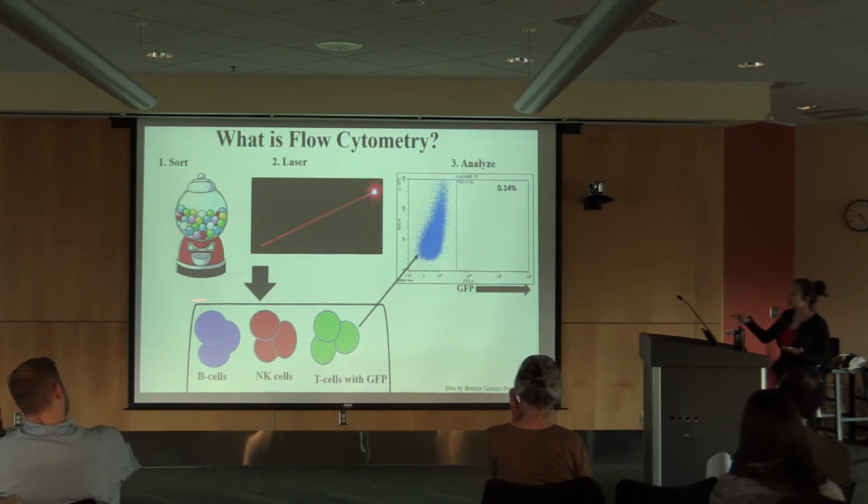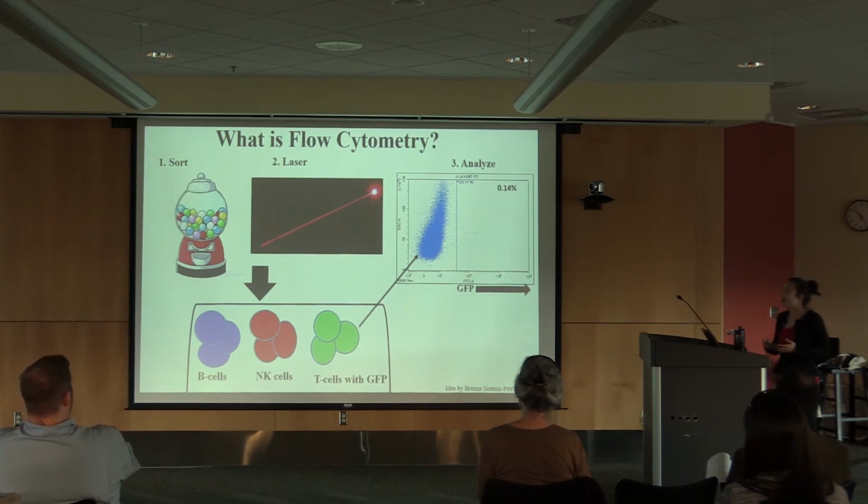For instance, B cells are purple, and natural killer cells are red, and my T cells that are glowing green are green gumballs. So in my particular population, I'm looking at whether the cell is glowing green or not. So let's say the ones that aren't being activated are white gumballs.